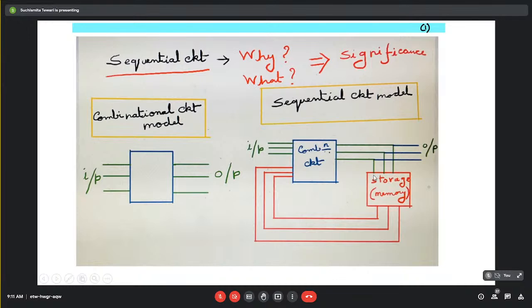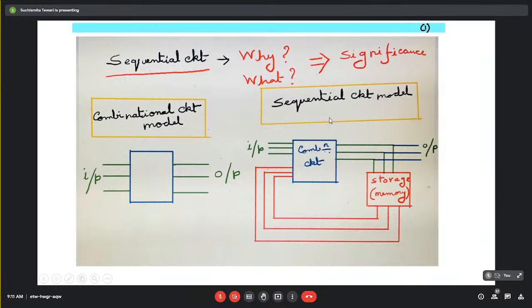So previous outputs must be fed back as inputs, and to remember them we need a storage element, or in simple terms, memory. The combinational block together with this memory represents the sequential circuit model.